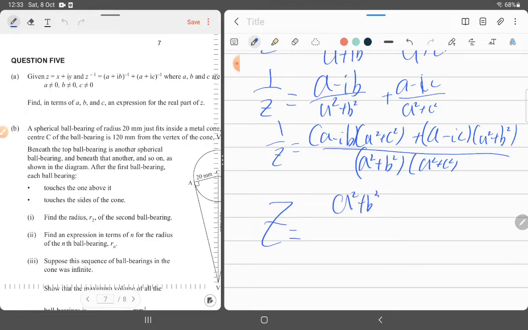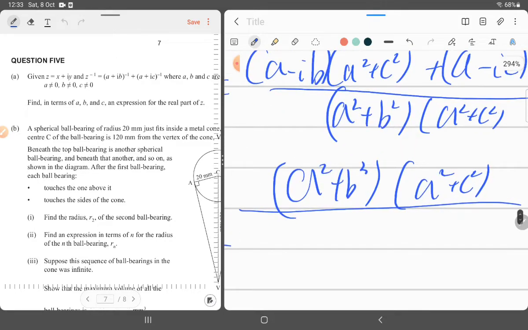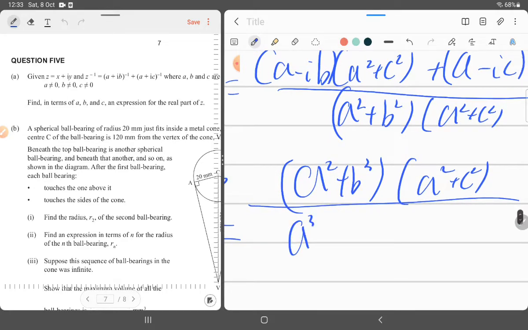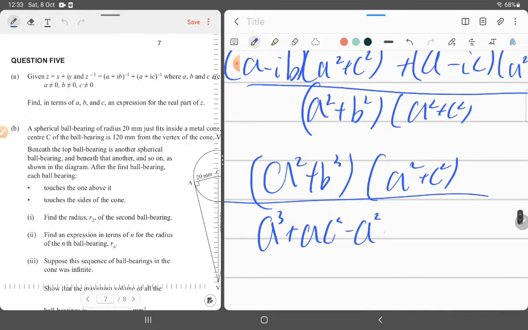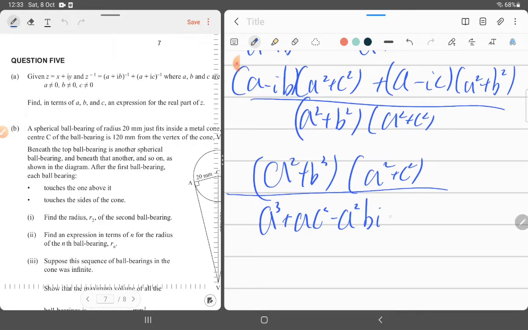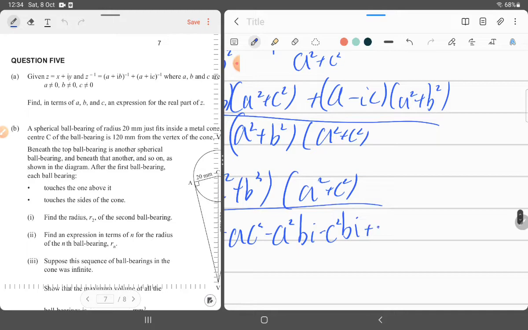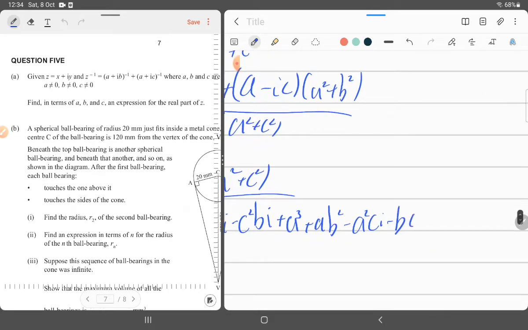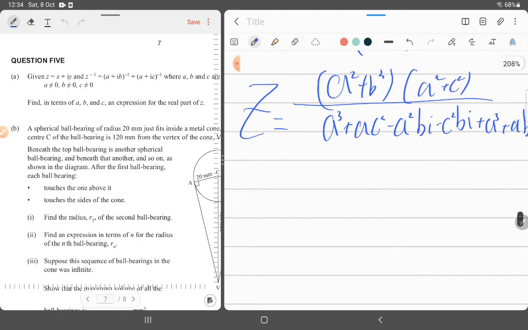a squared plus b squared, a squared plus c squared over a cubed plus ac squared, take away a squared bi, take away c squared bi, plus a cubed plus ab squared, take away a squared ci, take away b squared ci. Okay, so let's group them together.